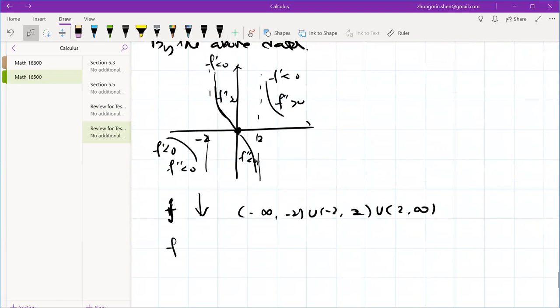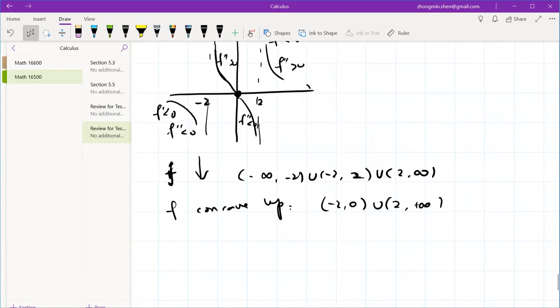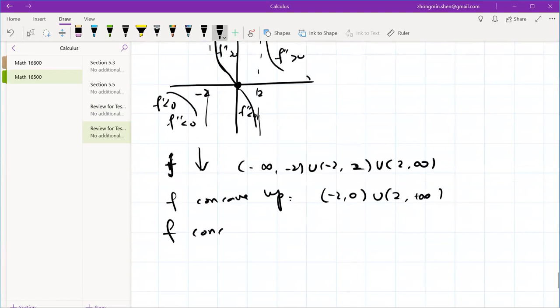Yeah, so f is concave up. Right. And this is f concave down. And this will be positive 0.